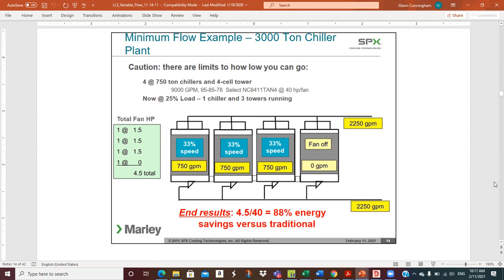So that puts me at 33%, and that's still pretty good. But that's 4.5 horsepower out of what would have been 40 with one chiller before. So there you go, that's an 88% savings.